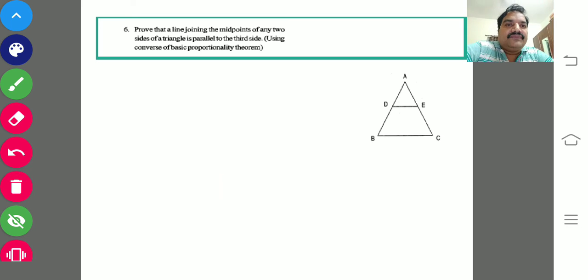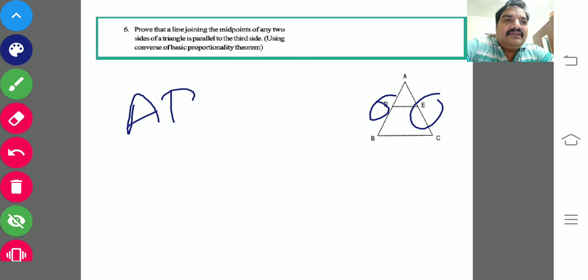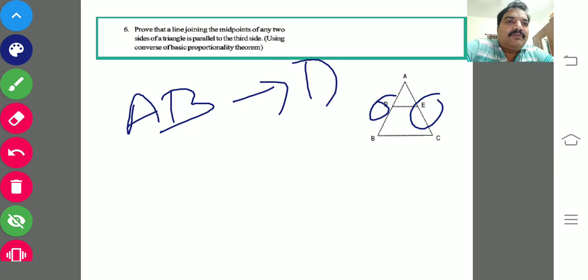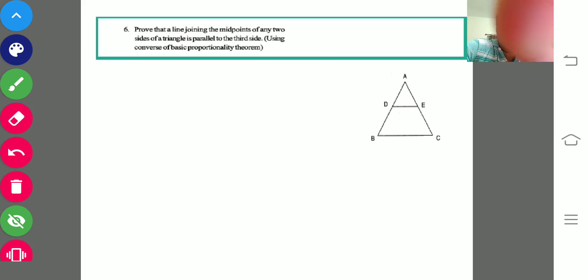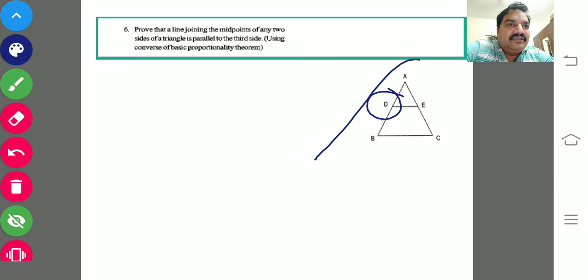How? As usual, it is given that there are midpoints of any two sides. So in AB, D is a midpoint, which means the total side is equally divided as AD and DB.